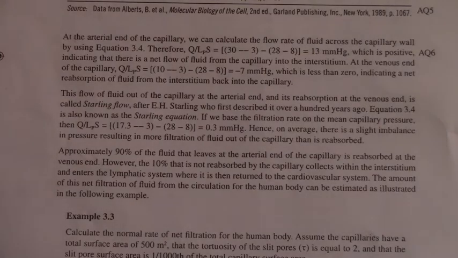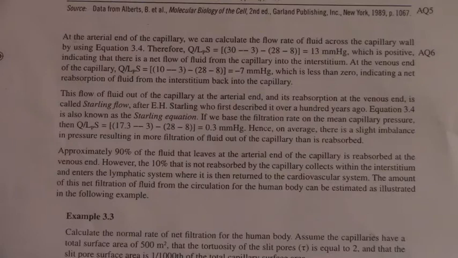So what that tells us is that in an average sense for a capillary, there's going to be a net loss of fluid from the blood. And that's why you have a lymphatic system in your body. The excess fluid that drains into the interstitial fluid space gets reabsorbed by the lymphatic capillaries, and that gets delivered back up around your chest area.